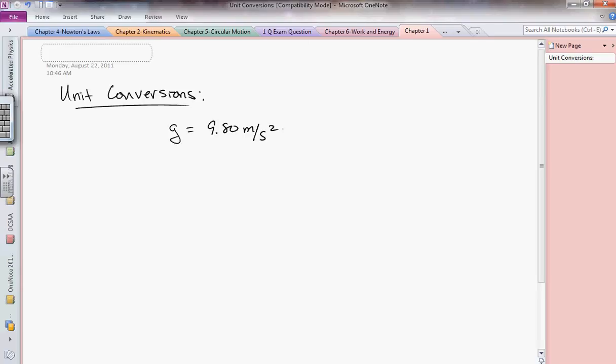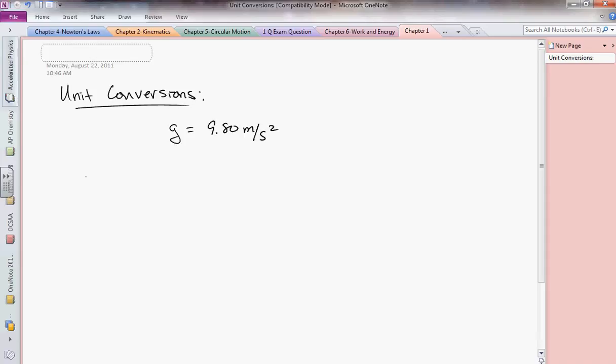So if you're given a problem where maybe the distance is given in centimeters or kilometers, or your time is given in minutes, then you're going to need to convert between different units in order to solve the problem correctly. Because if you just put numbers in and you skip the units, and the units don't agree with each other, then you will get an incorrect answer. So that's what this is all about, and this is why you have to learn it.